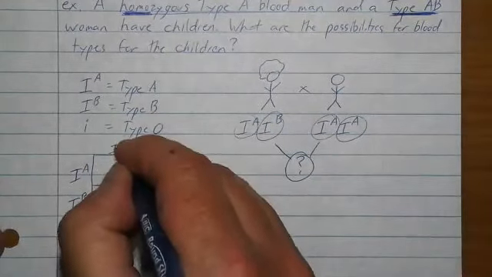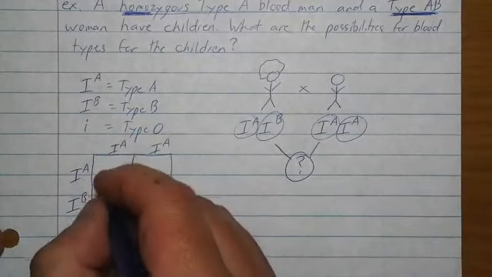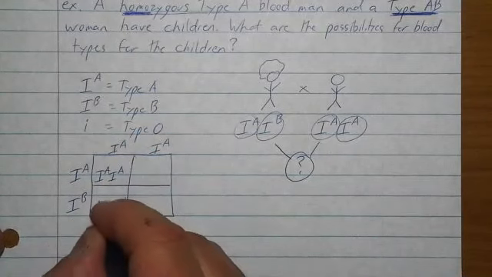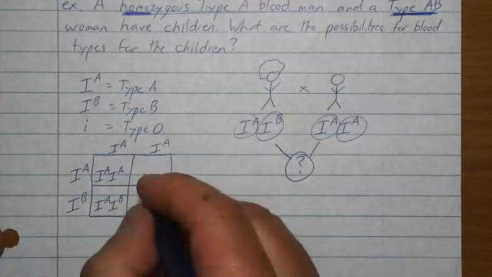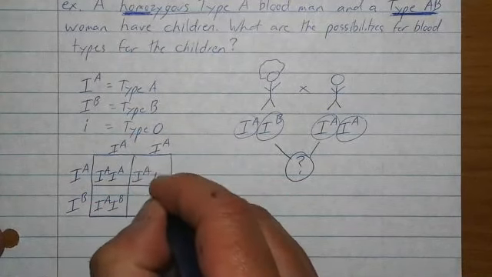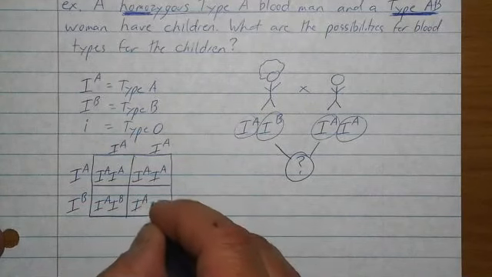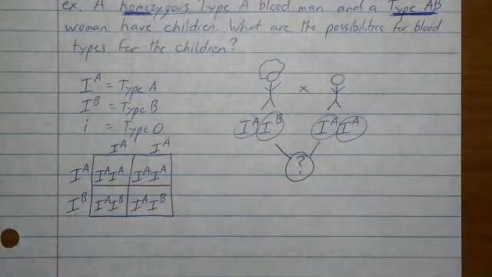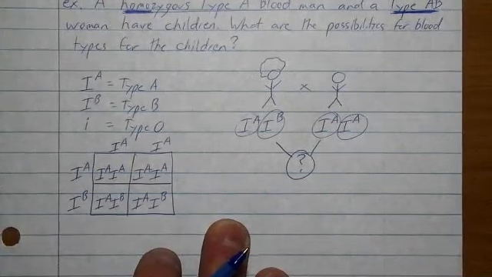Dad is I to the A, I to the A. And then you run it, just like you did last week. I to the A, I to the A. I to the A, I to the B. I to the A, I to the A. I to the A, I to the B. Okay, it looks really complicated, but again, it's just more letters, so just keep them straight.